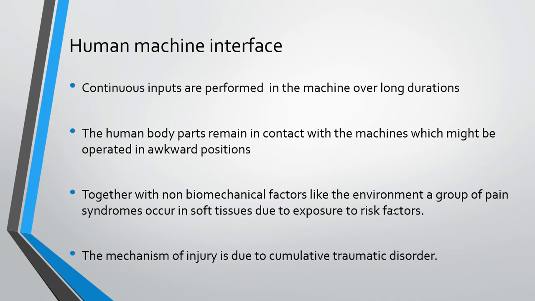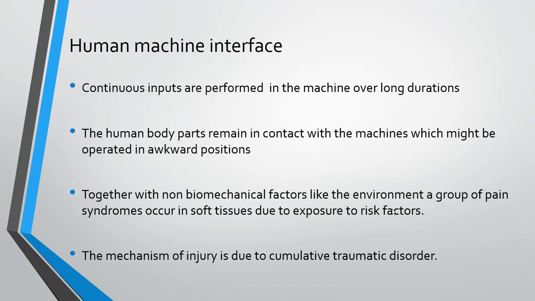Let's consider human-machine interface. The most common example of human-machine interface is using personal computers. Here it is the configuration where humans can be a part of the system, and continuous inputs are required in the machine for long durations or in a repetitive manner in order to operate a specific machine.